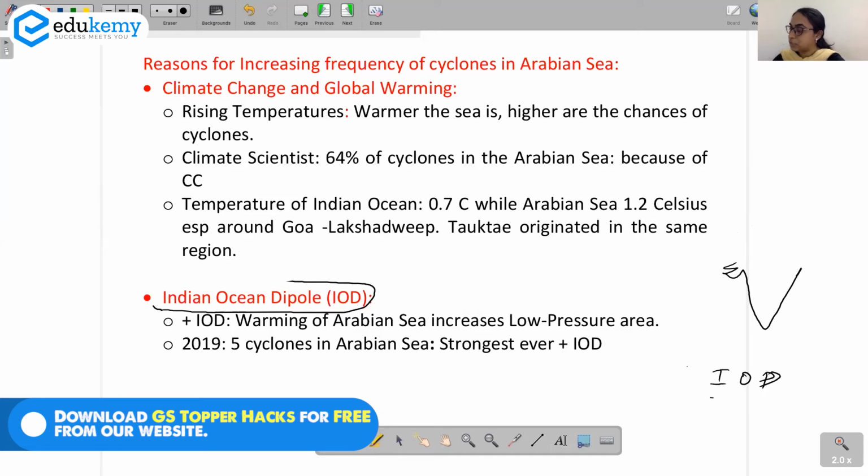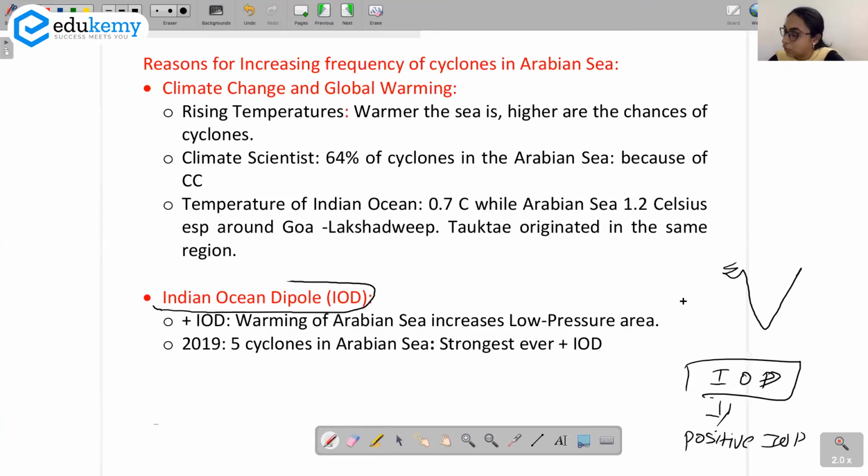If there is a positive Indian Ocean dipole, the Western Indian Ocean is warmer as compared to the Eastern Indian Ocean. So this area becomes warm in the positive IOD and this area becomes comparatively cold in the positive IOD.